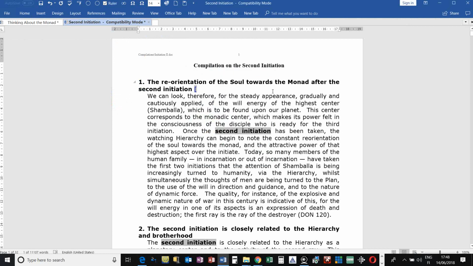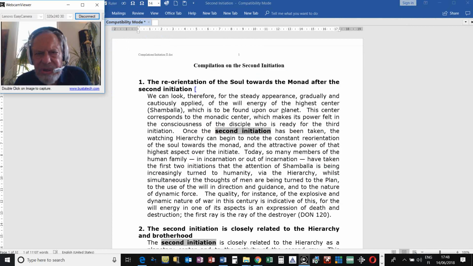We can look therefore, says the Tibetan, for a steady appearance gradually and cautiously applied, because if it's not cautiously applied, it will destroy the vehicle, so strong it is, of the will energy of the highest center, Shambhala, which is to be found upon our planet. Now, Shambhala is a globe center.